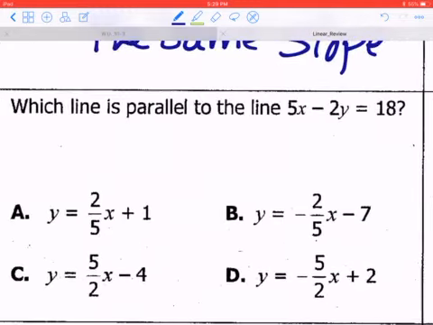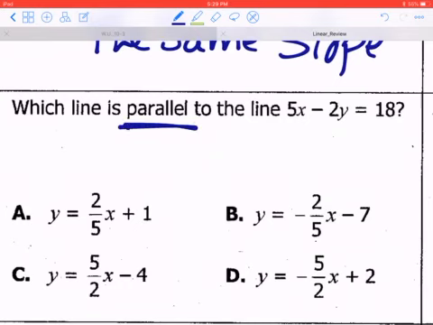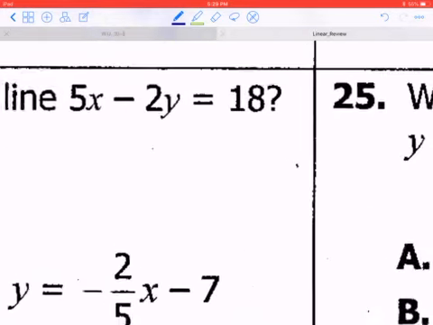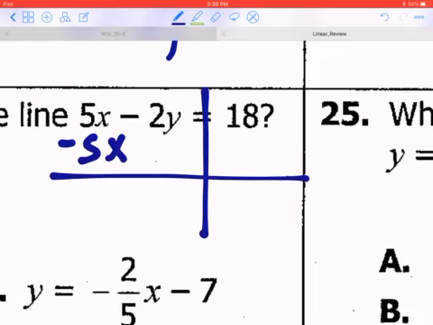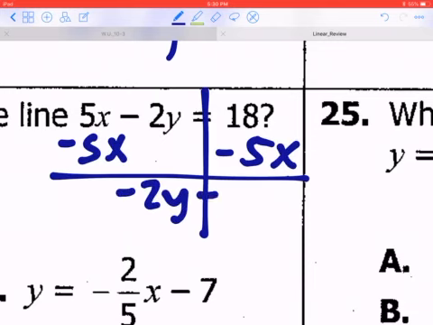Number 24 says, which line is parallel to the line 5x minus 2y equals 18? So that means parallel has the same slope. So what I'm going to do is change this by getting into the y equals form. So negative 2y equals negative 5x plus 18.